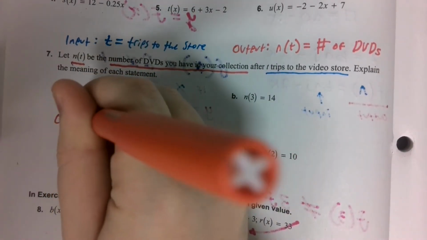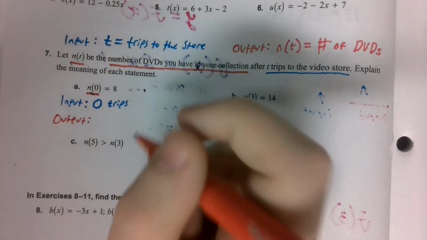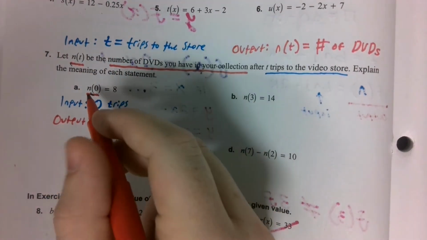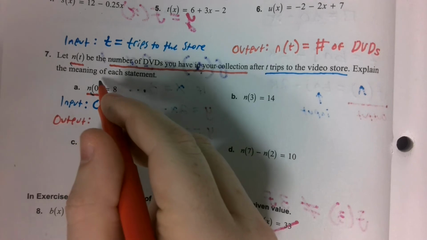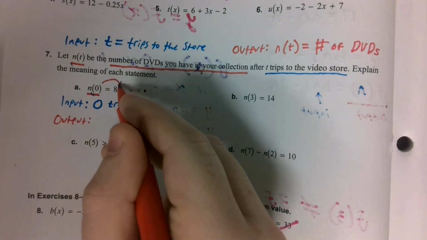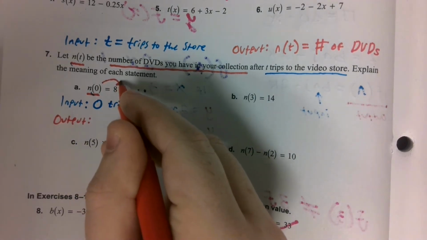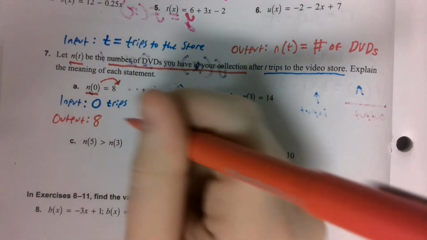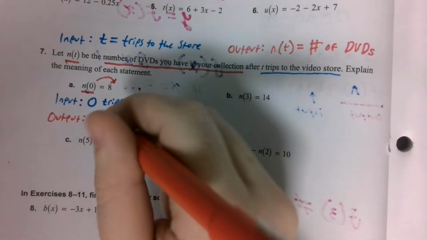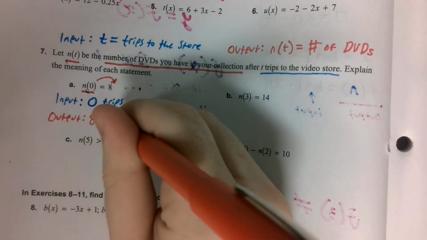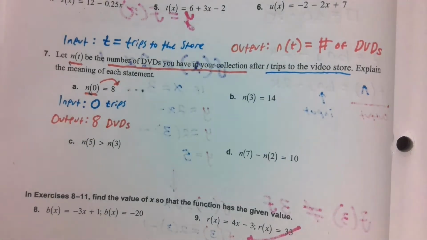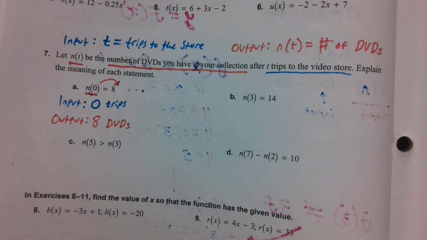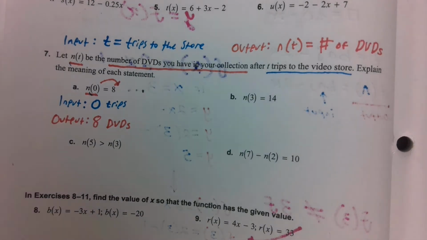My output is the entire statement, n of 0. What does it say n of 0 equals? N of 0 equals 8. So, 0 trips gives us an output of 8 DVDs. So the meaning of this statement is, after 0 trips, I have 8 DVDs.